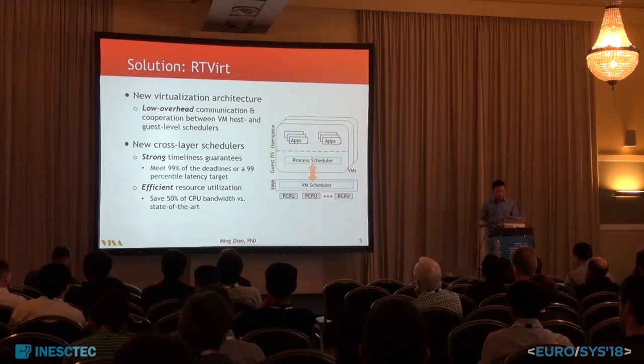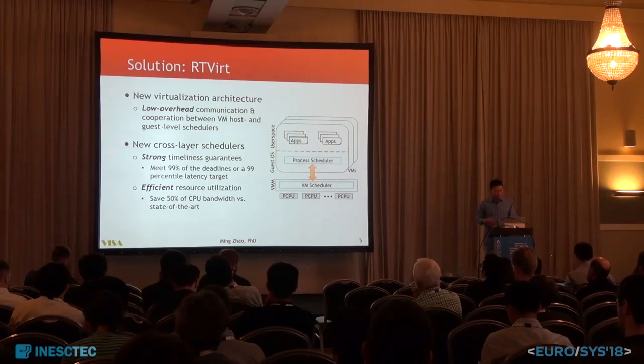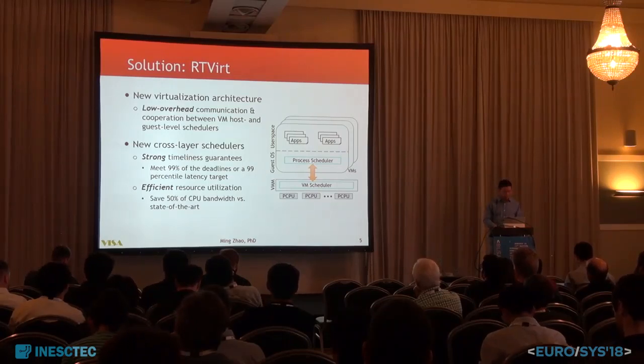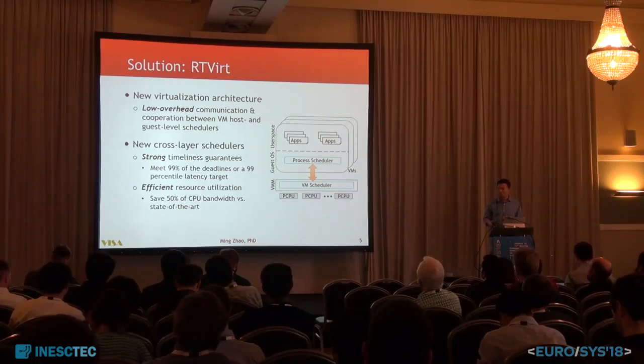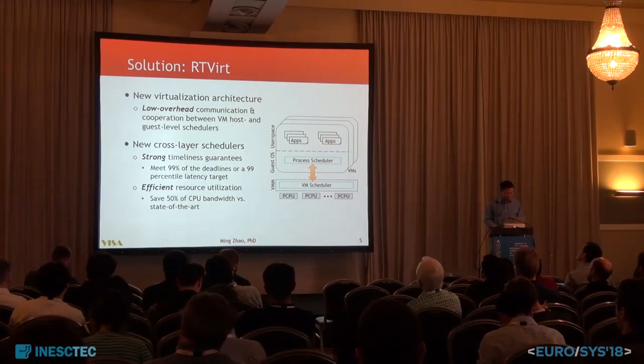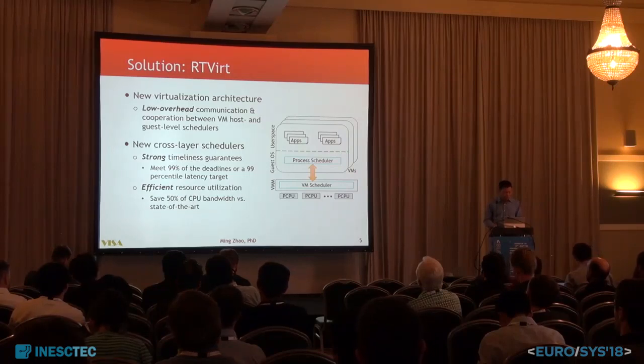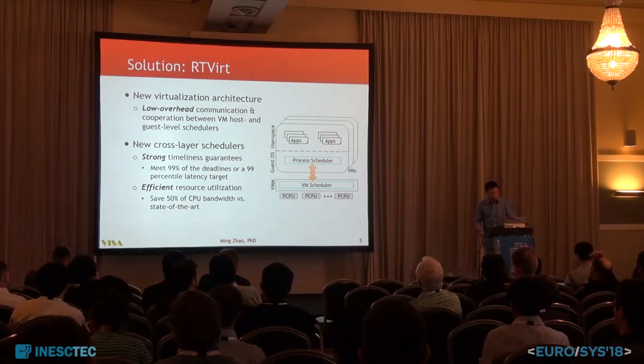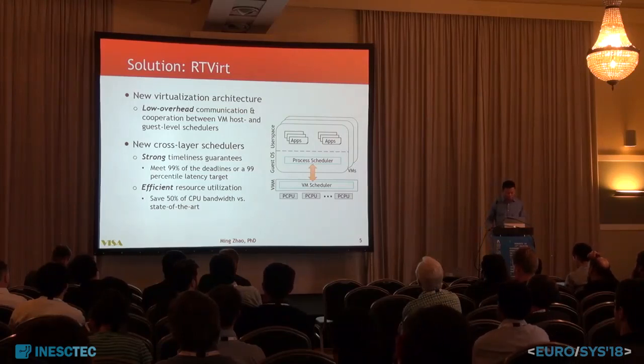Based on this framework, we also created new cross-layer schedulers that are able to work together and deliver strong timeliness guarantees. For example, we're able to meet 99% of all the deadlines or support a 99% tail latency target. And when we achieve these strong timeliness guarantees, we are also able to make efficient use of resources. Compared to a state-of-the-art related work, we save up to 50% of the CPU bandwidth.